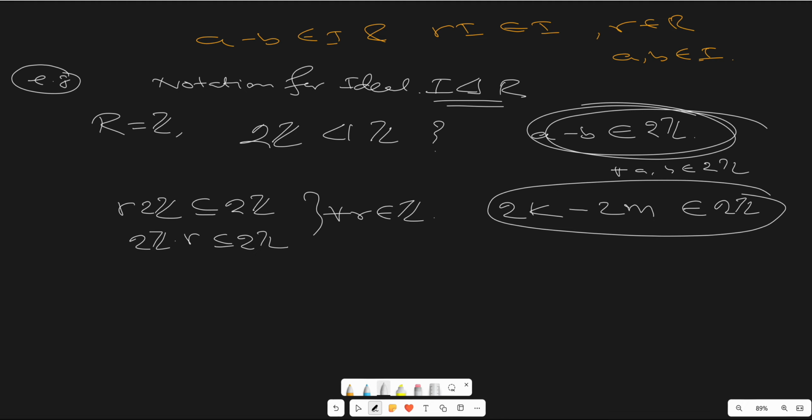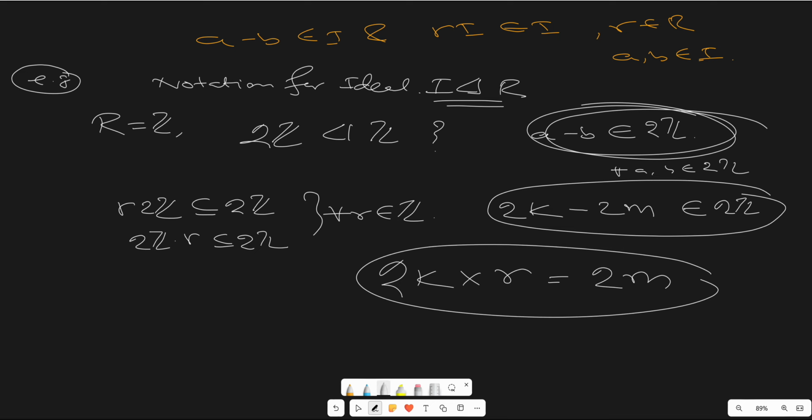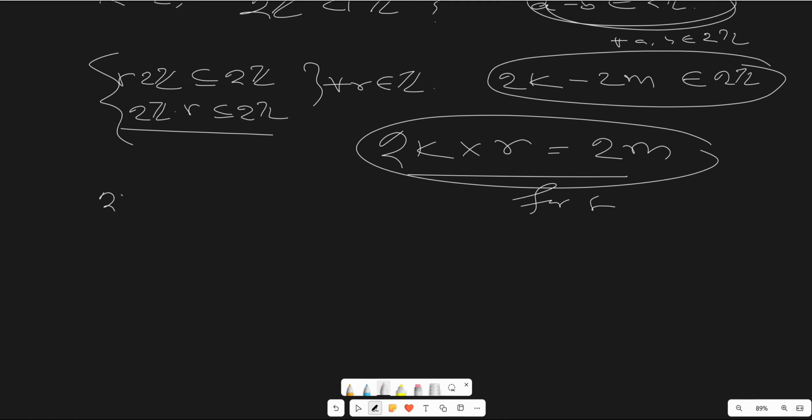If you multiply any R by a multiple of 2, it is obviously a multiple of 2, some 2m, for some m. So this is also clear. So 2Z is an ideal of Z.